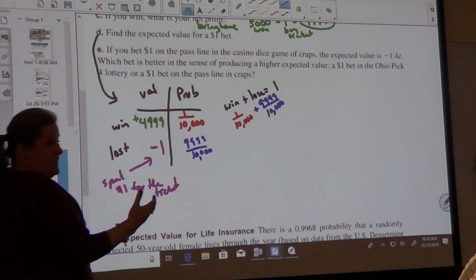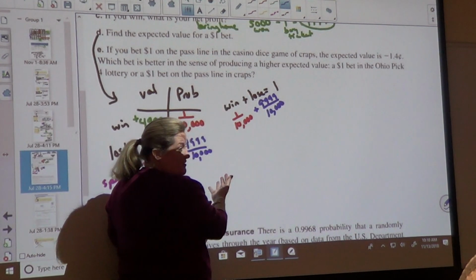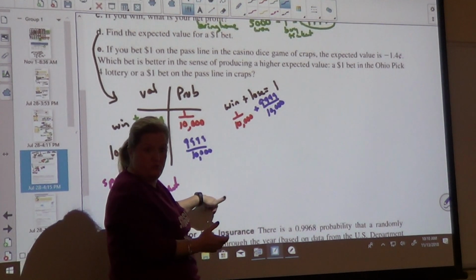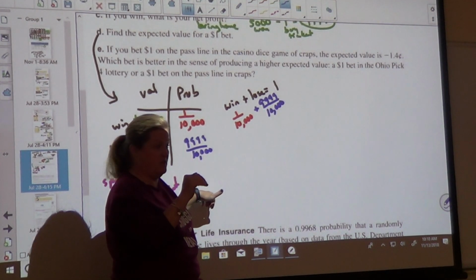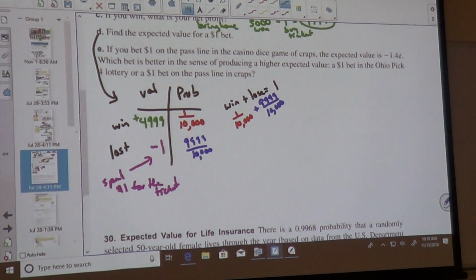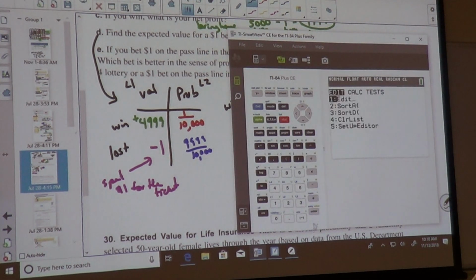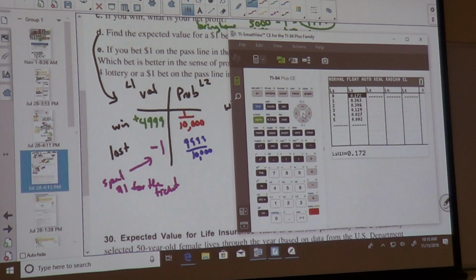Now, if it were me, I'd stop right here and I would go to my little L1 and L2 and find my X bar. Let me show you. This is going to be my L1, and this is going to be my L2. I'm going to go to my calculator, do stat edit, go to the top, clear enter.